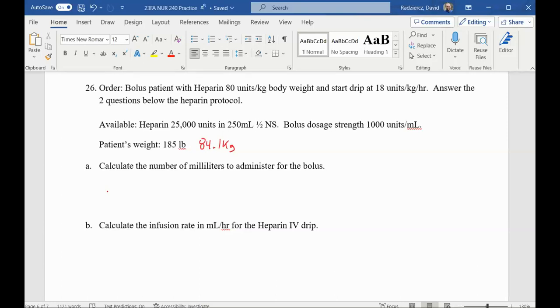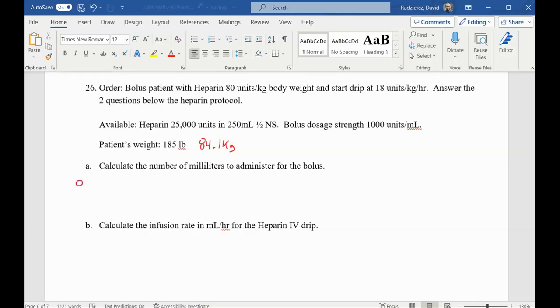But typically what I've been taught is that when we're dealing with weight-based calculations, it's usually fairly safe to just round to the nearest tenth because the number is so much bigger than 1. You're talking about 84 as opposed to, like, 8.4, where it might make more of a difference in your final answer. But for this, it won't.